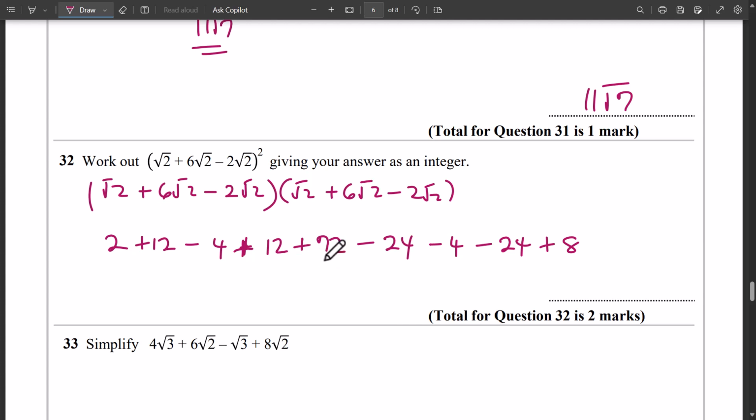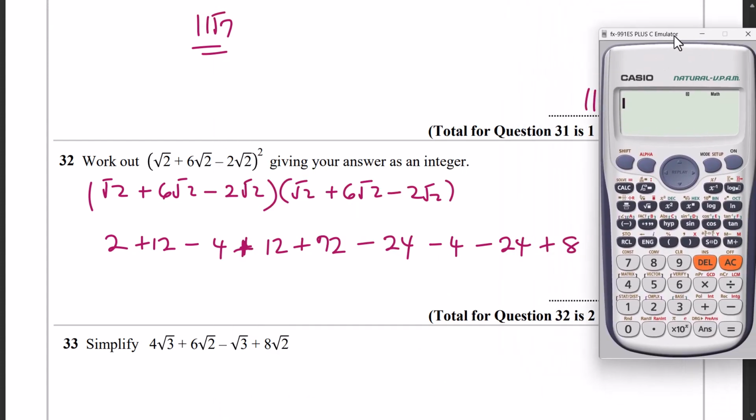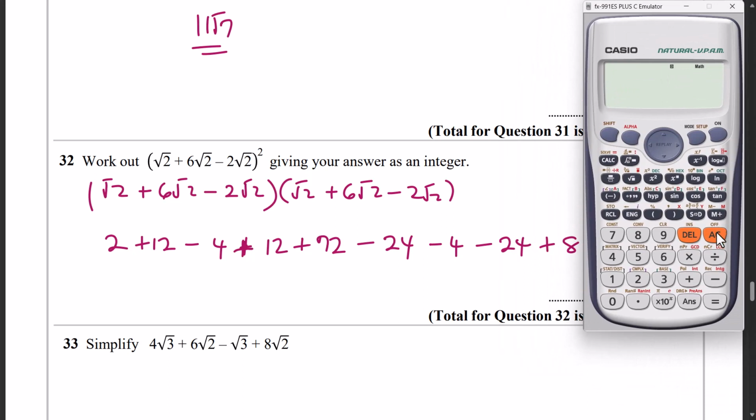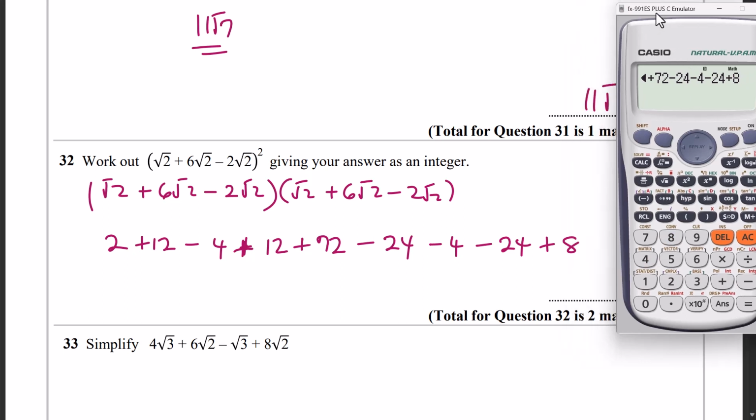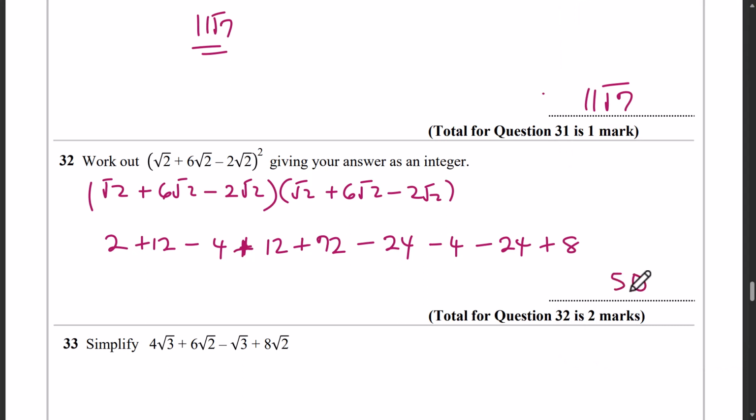I think it's going to be a little bit tricky, so I'll just use my calculator. 2 plus 12 minus 4 plus 12 plus 72 minus 24 minus 4 minus 24 plus 8. I hope I got all the calculation right. If I got it right, my answer should be 50.